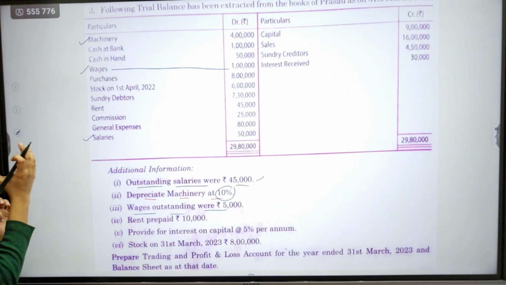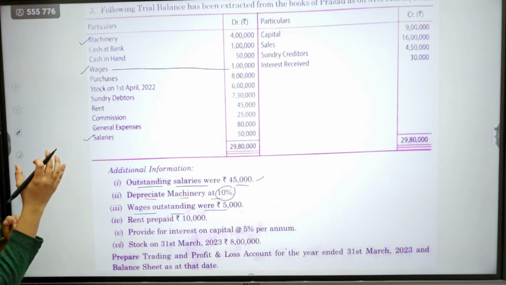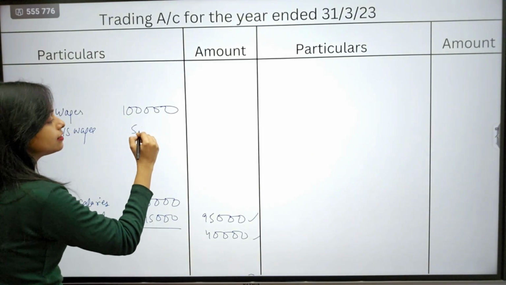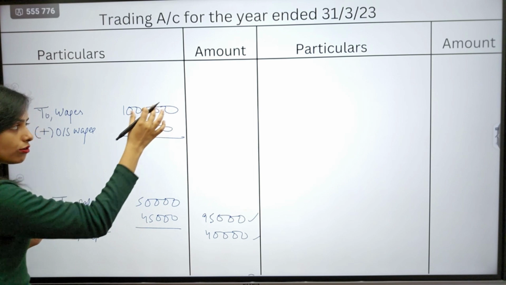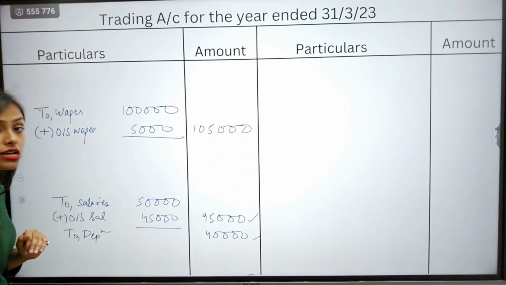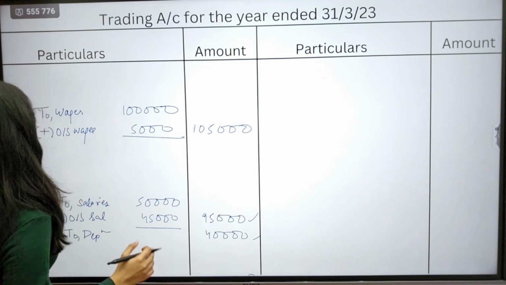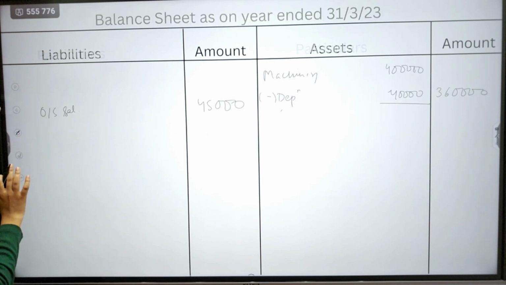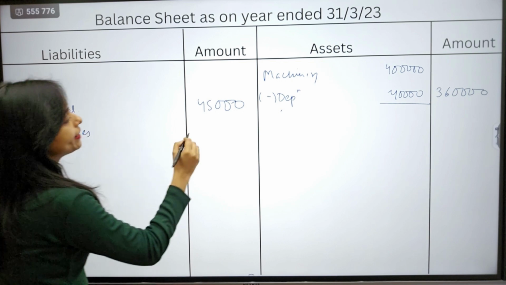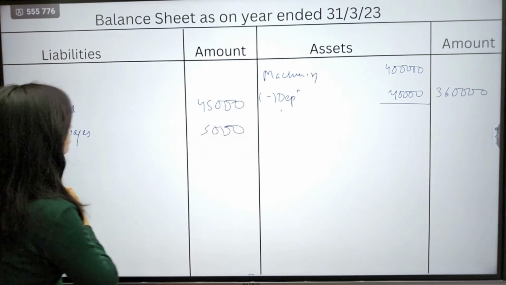We have taken the services from the laborers in this year only. This 5,000 rupees service we have taken in this year, hence this expense belongs to this year. So 1,05,000 is the total expense that we are going to write in the trading account now. The second place that we are going to adjust outstanding wages is the liability side. So we are going to write 5,000 over here.